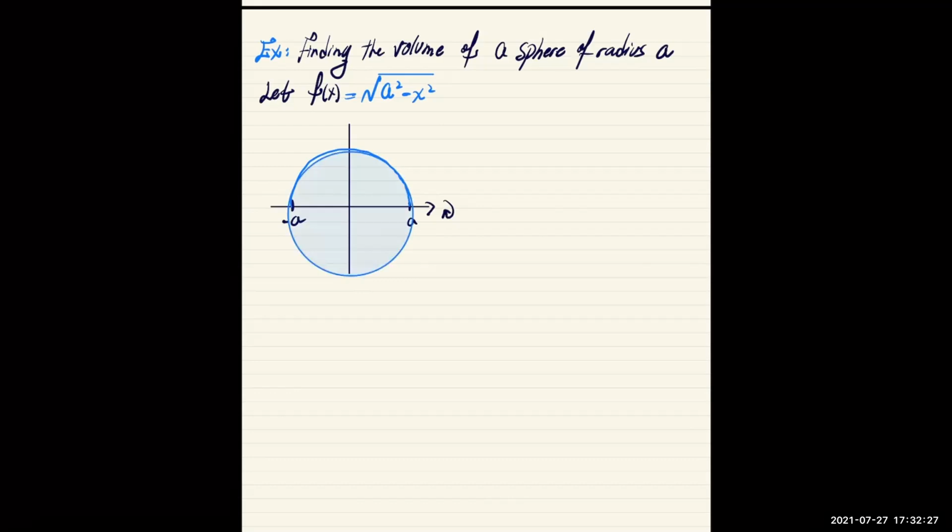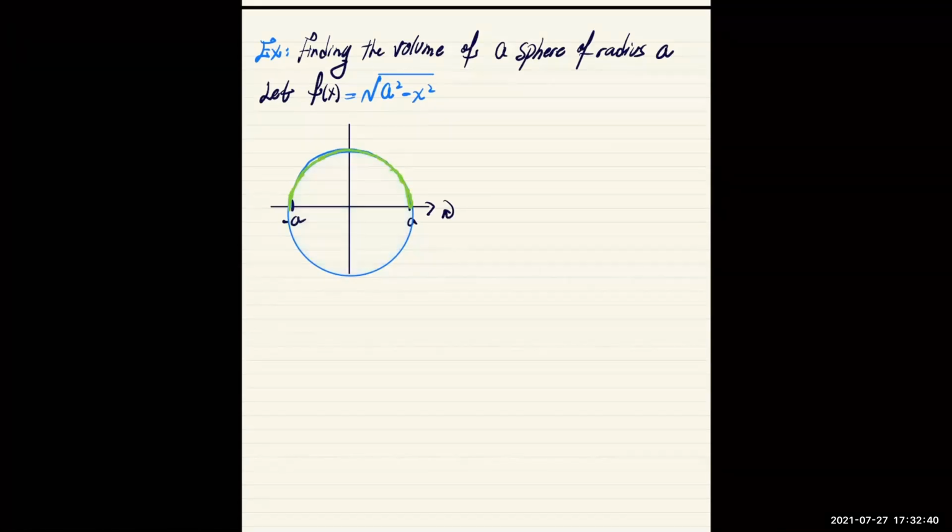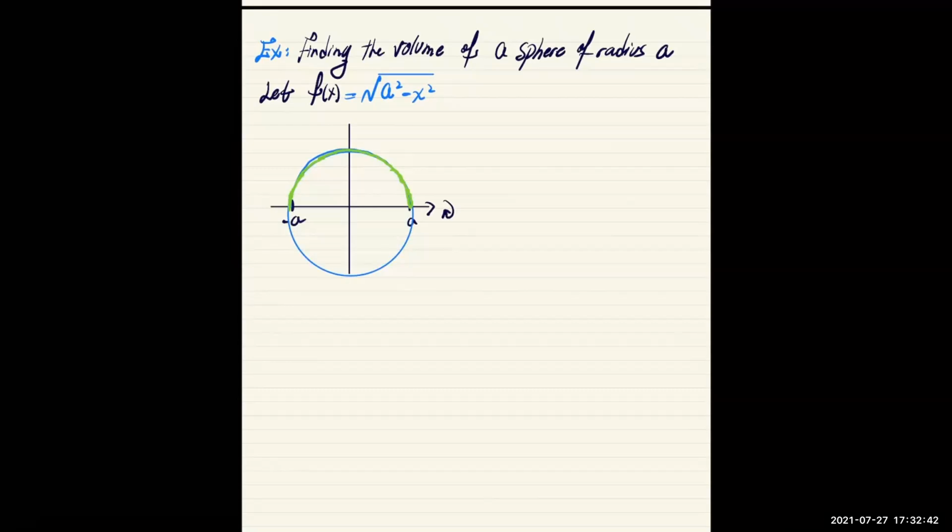So again, this is the function, and we revolve it around. Let me erase this thing and change that to green.